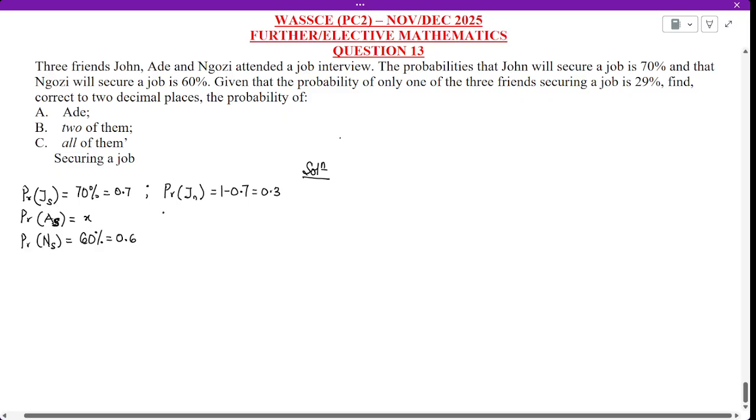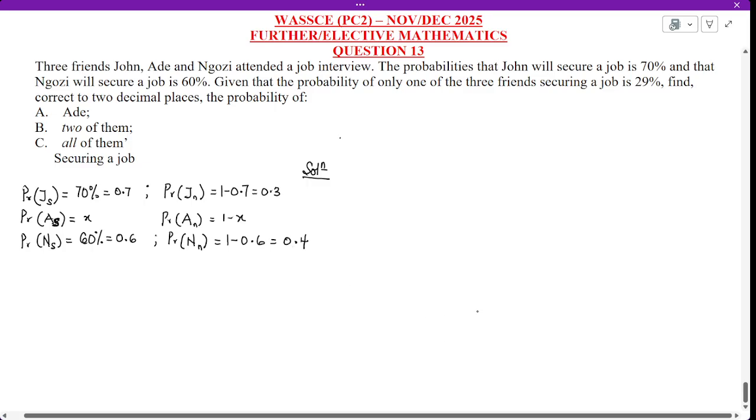The same thing happens to Ade, so Ade not securing a job gives us 1 minus X. Then the probability that Ngozi does not secure a job is 1 minus the probability of success, and this gives us 0.4. So we've broken the question down.